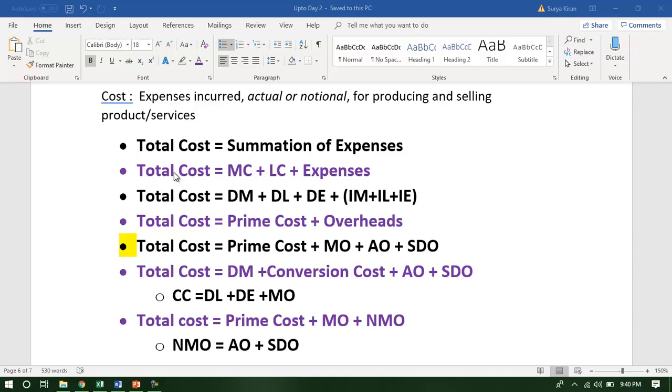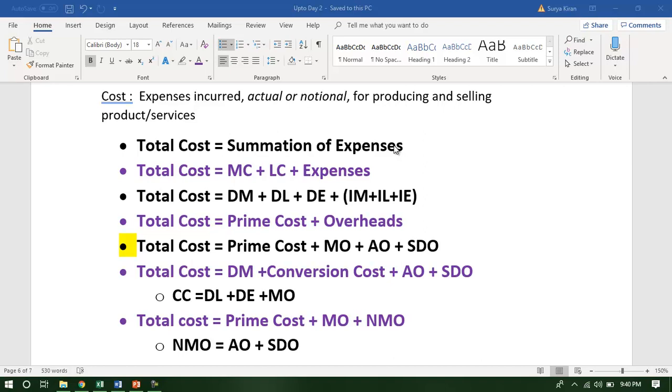So let me take you through some of the different ways of calculating the cost. The easiest one, which may not be very useful or relevant, is to say that cost is a summation of expenses. Pull all the expenses together, sum them up, you get the cost, divided by the number of units produced, you get cost per unit. But that's not very useful.